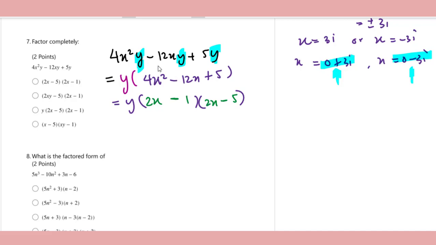So you can get negative 12x. So check the answer. This one is the answer: y times 2x minus 5 times 2x minus 1.